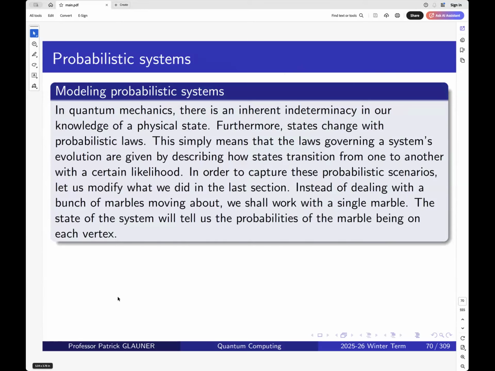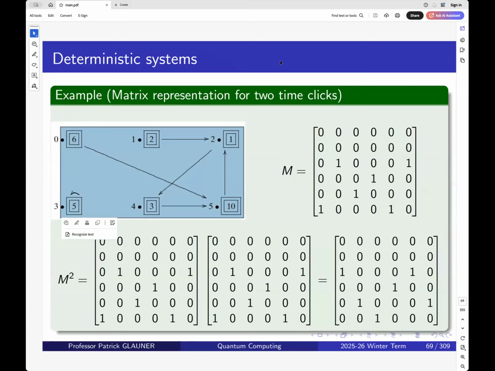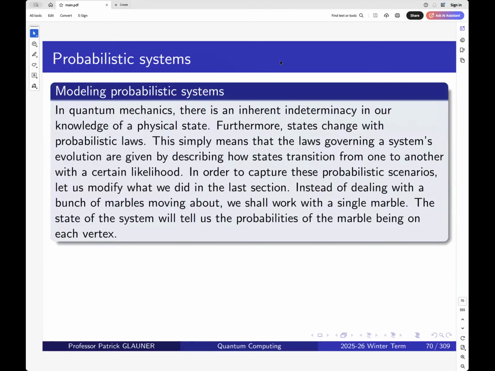So if we think about a probabilistic system like this, where we don't have multiple marbles, but rather one, and it's non-deterministic, we can move around. And what we will have as entries in here is not a number of marbles, but rather a probability of where that marble could be.